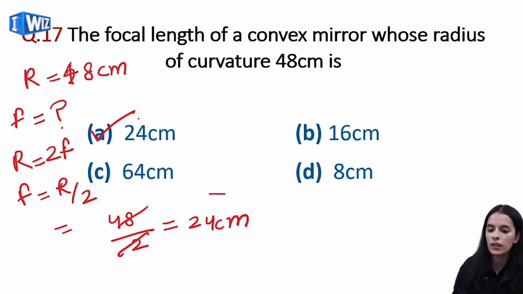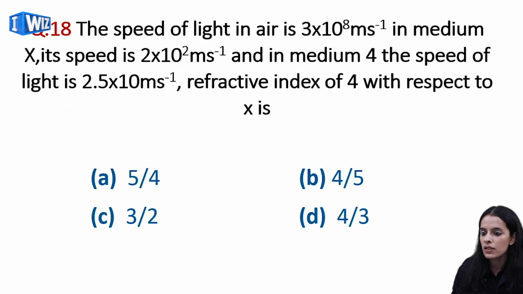24. Okay. Next, the speed of light in air is 3 into 10 raised to the power 8 meter per second. That will always stay the same.